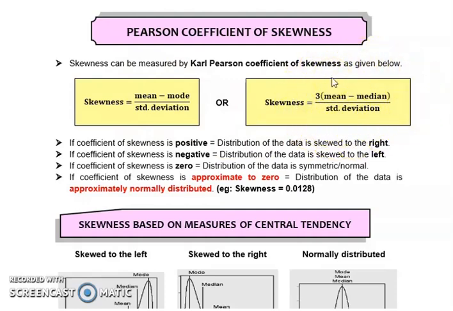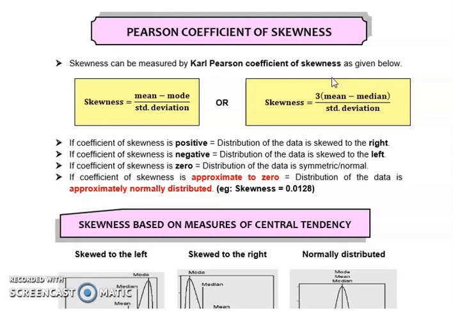So how do we make a conclusion for skewness for a certain data set? Again, either we conclude it's skewed to the right, to the left, or symmetric, or normally distributed. If the Pearson coefficient of skewness is positive, it is skewed to the right. Otherwise, if we get a negative value, then it is skewed to the left. If we get the coefficient equal to 0, then we can conclude that the distribution of the data is symmetric or normal.